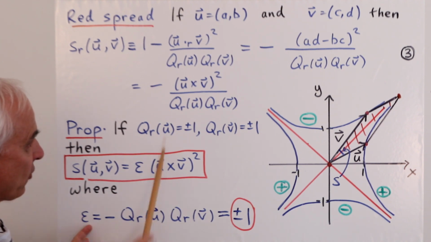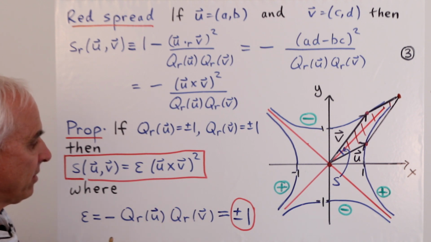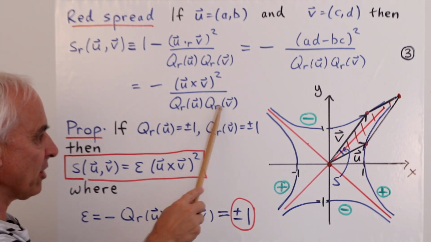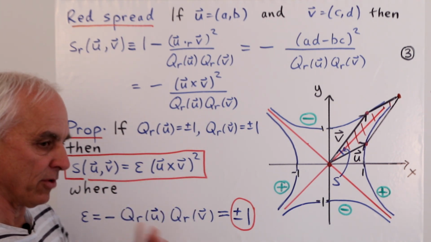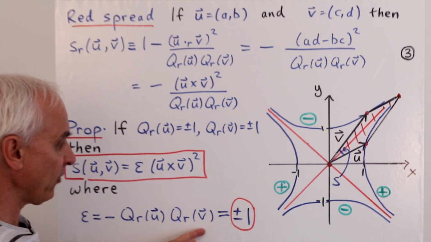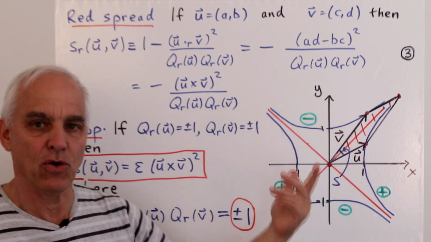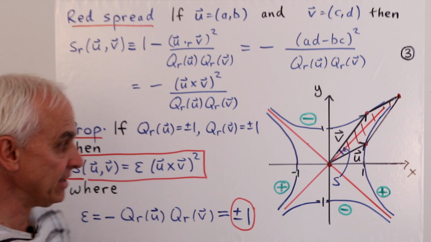This epsilon is negative Qr u times Qr v, because these are plus or minus 1, so they're equal to their reciprocals. This quantity is necessarily plus or minus 1, depending on which hyperbolas u and v are on. And it's easy to tell which.